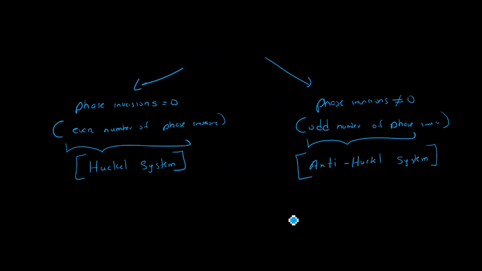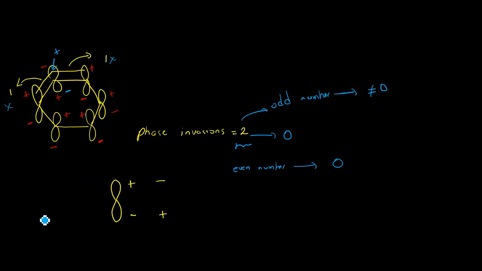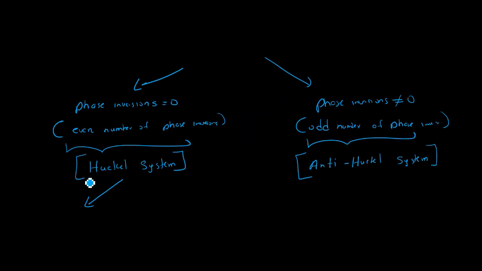Now, if you look at the Huckel system, if your number of pi electrons follows the 4n plus 2 rule, which means the compound is aromatic. If your Huckel system follows the 4n rule, then your compound is non-aromatic.